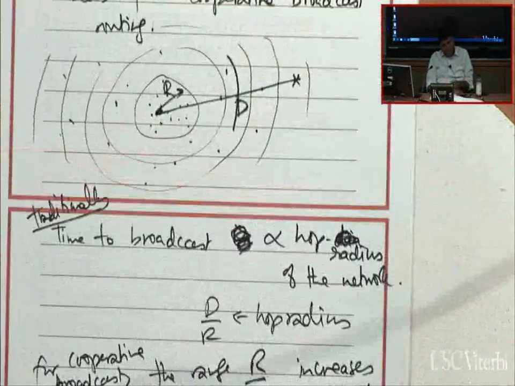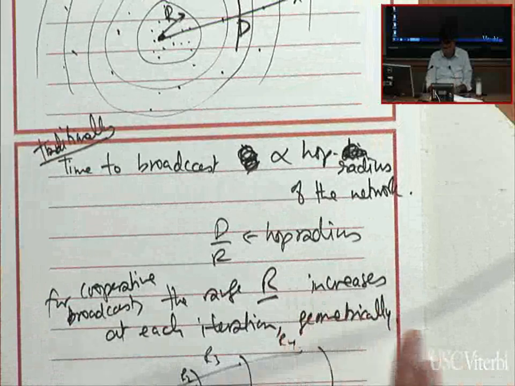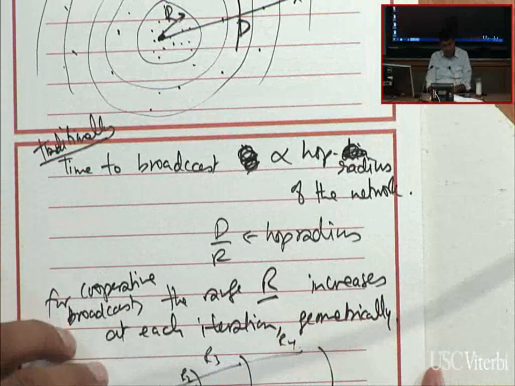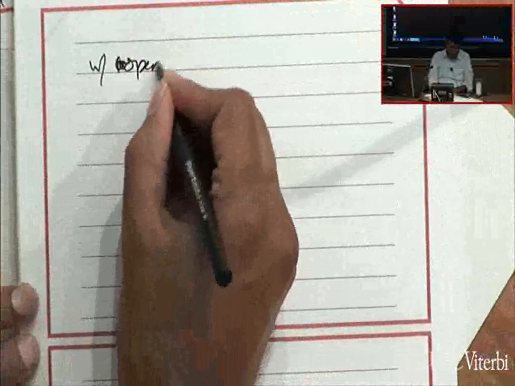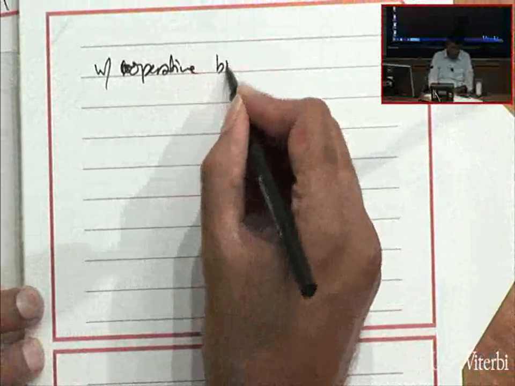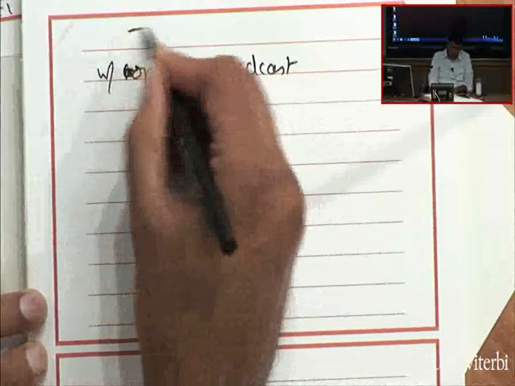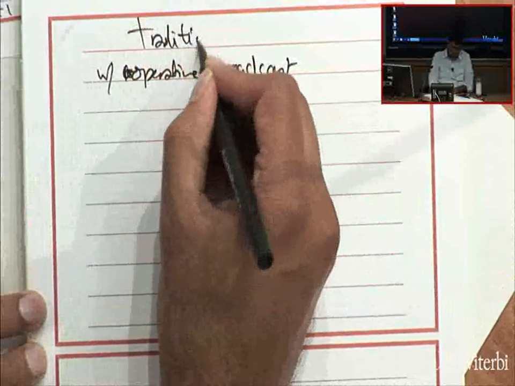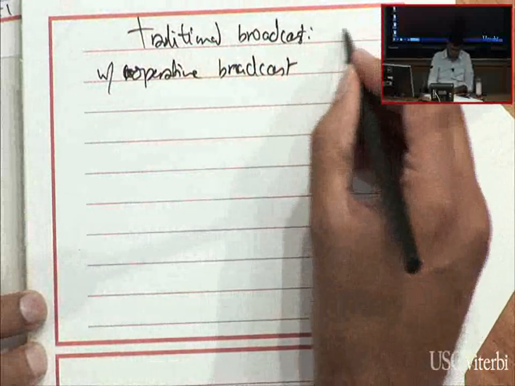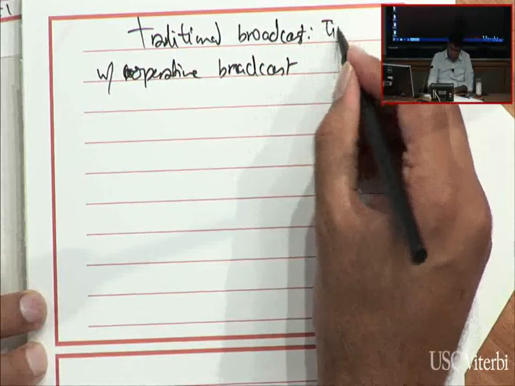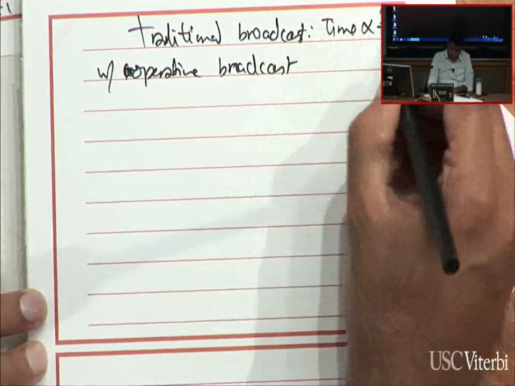And so what it takes you to broadcast, in a theoretical, mathematical way of looking at this problem, is that with traditional broadcast, the time was proportional to d over r.